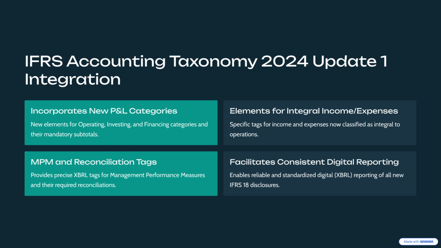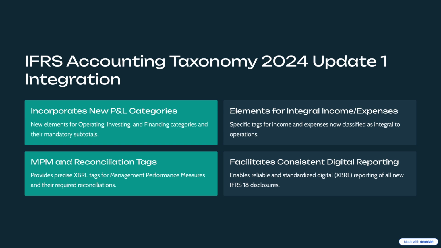In addition, the update introduces tags for management performance measures, MPMs, and the required reconciliations to IFRS-defined subtotals. These elements ensure that entity-specific performance metrics are transparently and accurately reported in digital formats. The taxonomy also includes new tags for integral income and expenses, enhancing the clarity and comparability of entity-specific disclosures.